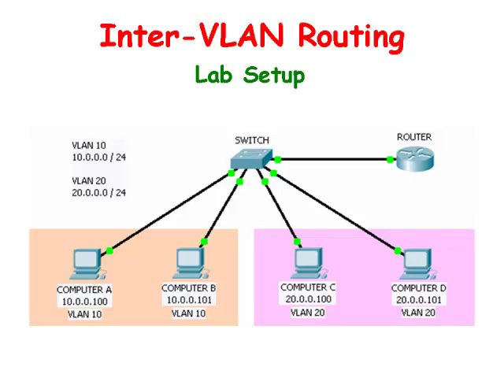Computers A and B can still communicate with each other, and computers C and D can still communicate with each other, but computers in VLAN 10 cannot communicate with computers in VLAN 20 and vice versa. Communications between VLANs are blocked.